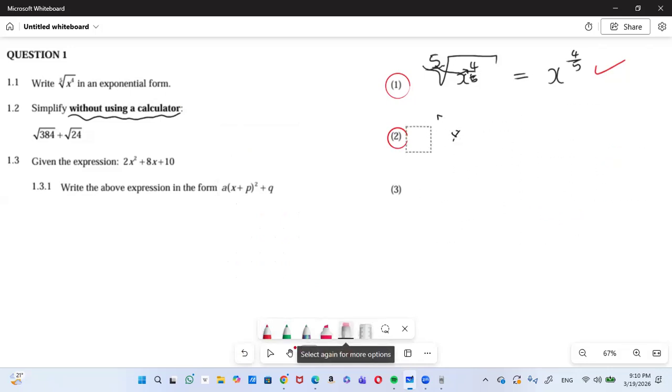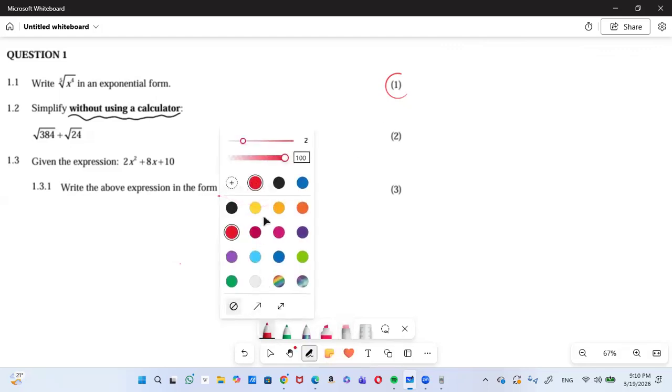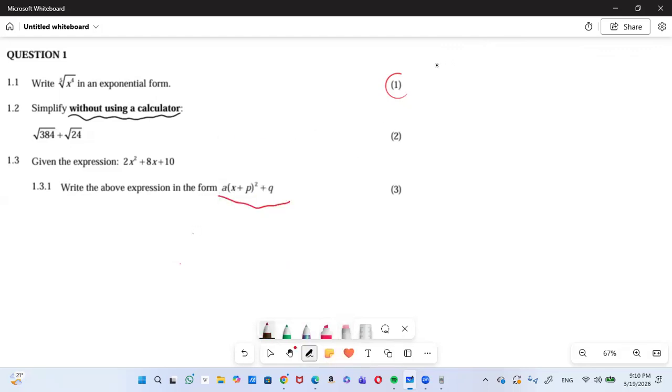1.3 here, we are given, let's say we should write the full expression in this form, right? So now we have it as 2x squared plus 8x plus 10.